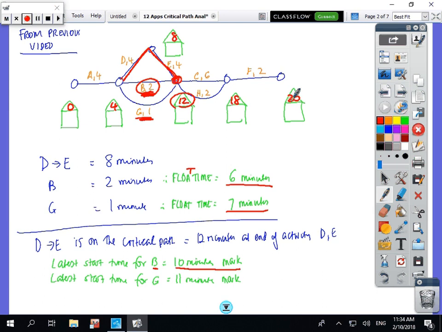Because we've got the 12-minute mark, and B takes 2, B can start at 10 minutes, and G can start at the 11-minute mark and still get to the 12-minute time frame. Okay, copy that and come across.